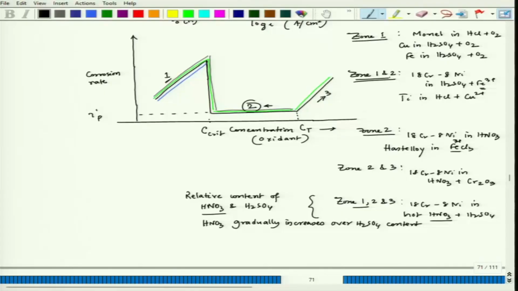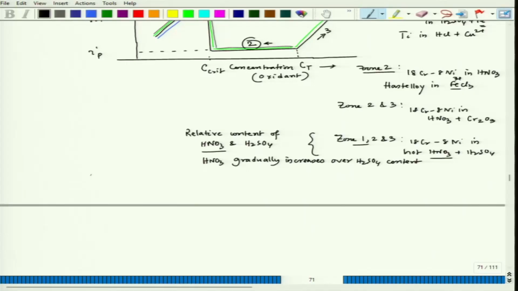So, for example, one particular metal shows the active zone. Now, if we add a little bit of oxidant, it can take it to the passive zone, just like zone 1 to zone 2, where 2 is the passive zone, and it actually remains at a very, very low corrosion rate position. That means it has the maximum corrosion resistance in that particular condition. That is decided by the electrolyte, the nature of the oxidant, as well as the interaction with the metal.